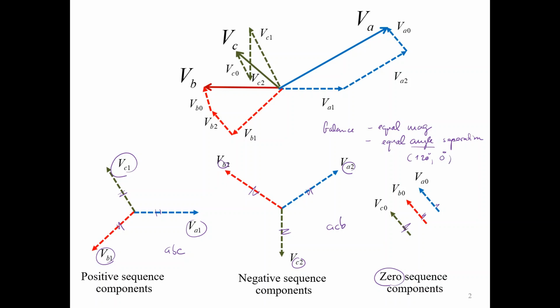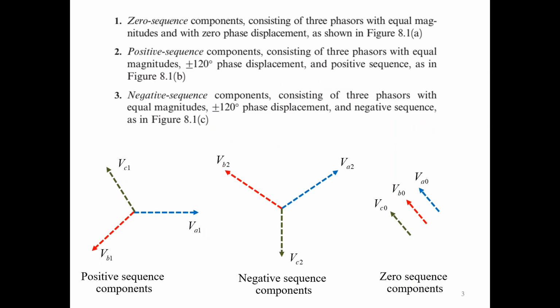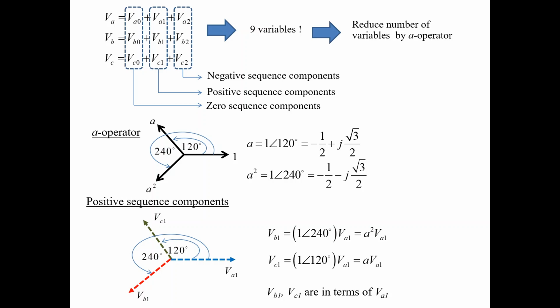This is the definition. All right. So these are the explanations. For the zero sequence, we use the term zero phase displacement, or zero angle separation. Positive and negative could be plus or minus 120 with equal magnitude. These I have already described.